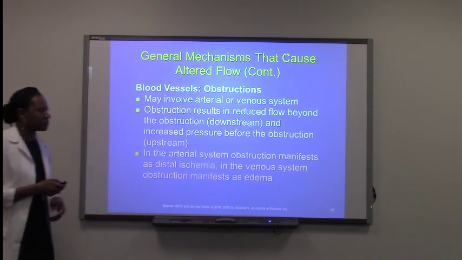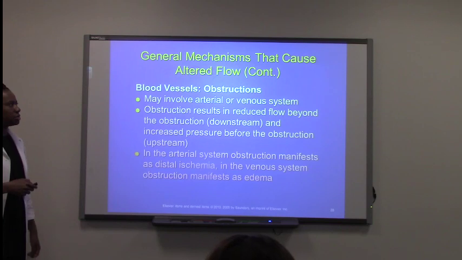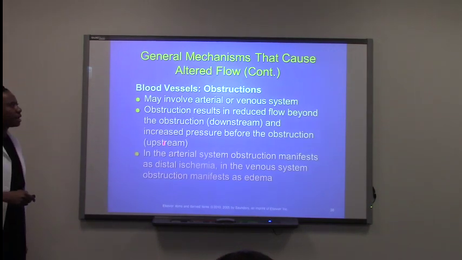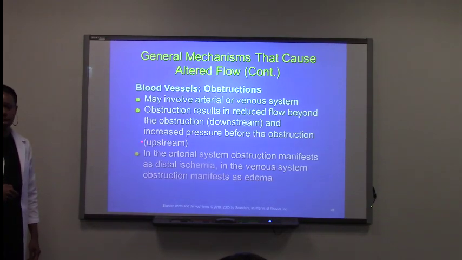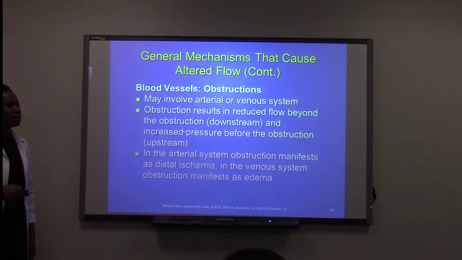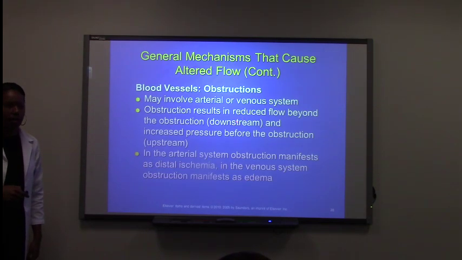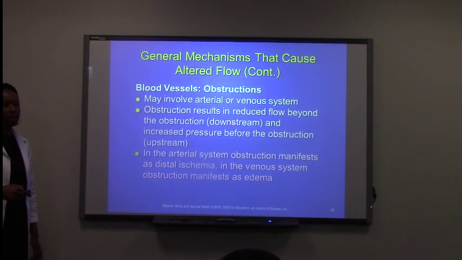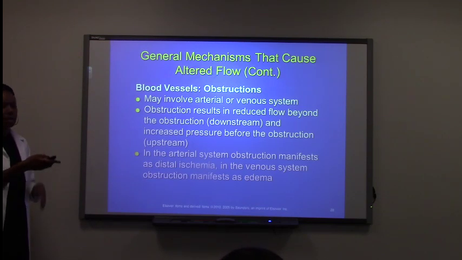Now, let's go over some more terms here with obstruction. We have two terms here, downstream and upstream. What does this mean? Obstruction that results in reduced flow beyond the obstruction is what is considered downstream, which means that we reduce the flow beyond the point of obstruction.